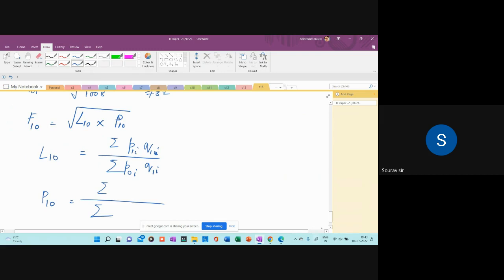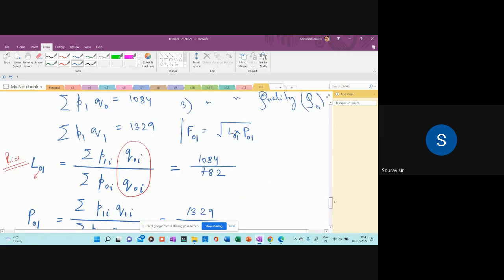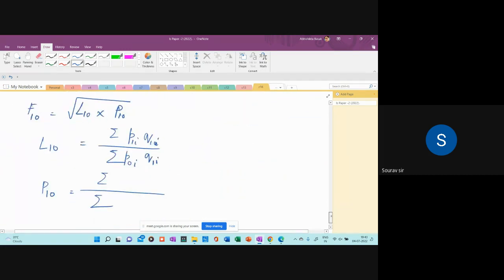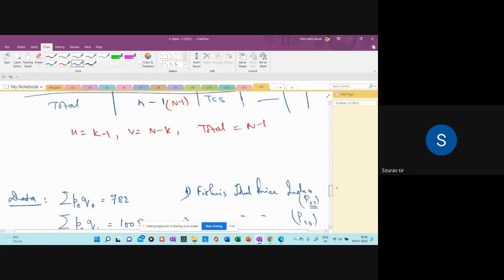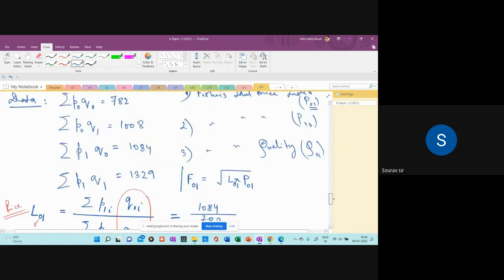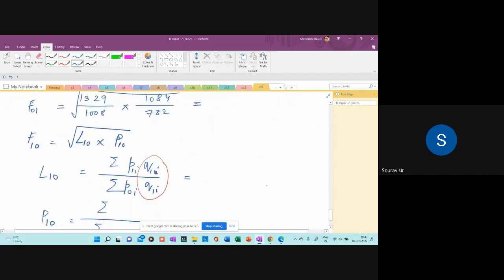What is the difference between the formulas? P1 by P naught are the same, but instead of Q naught, I have just used the weight Q1. So what was the combination? The combination is P1 Q1 by P naught Q1. P1 Q1, let's check, P1 Q1 is 1329 by P naught Q1.